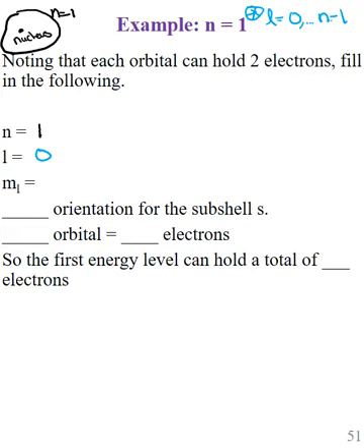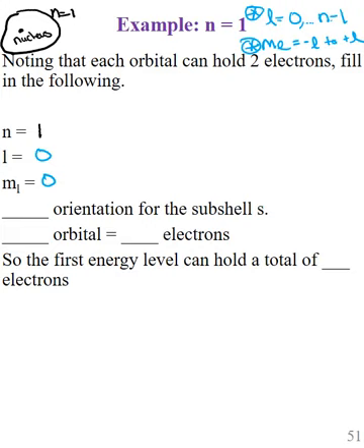Now m sub L, you also have to memorize this. M sub L can have any values between negative L to positive L. So what values could M sub L have here? It could only have 0, right?